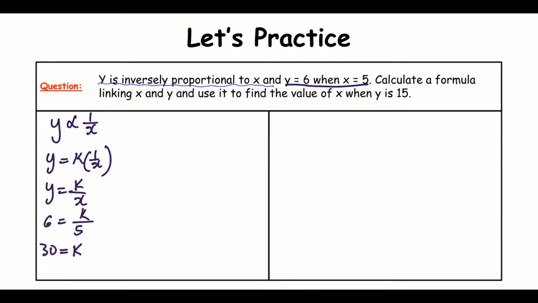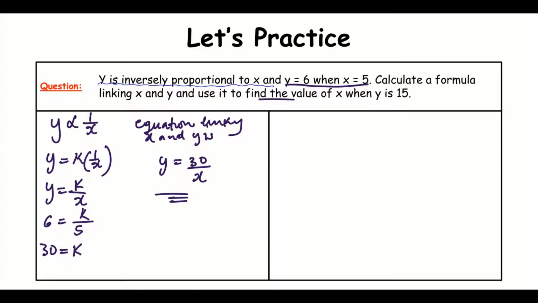So the equation linking x and y is y is equal to 30, and that 30 is our constant of proportionality, over x. And we have found the equation linking x and y.